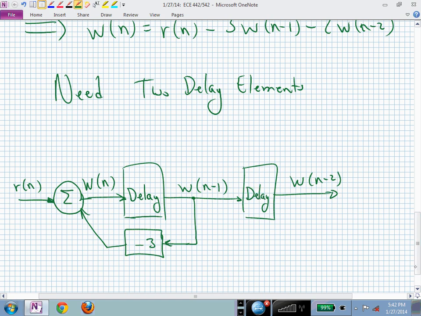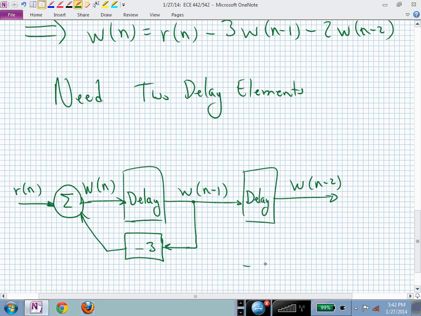I was trying to keep it all on one screen. And that's now another way of expressing this second order difference equation in the time domain through an all delay block diagram, somewhat like an all integrator block diagram for the continuous time setting.